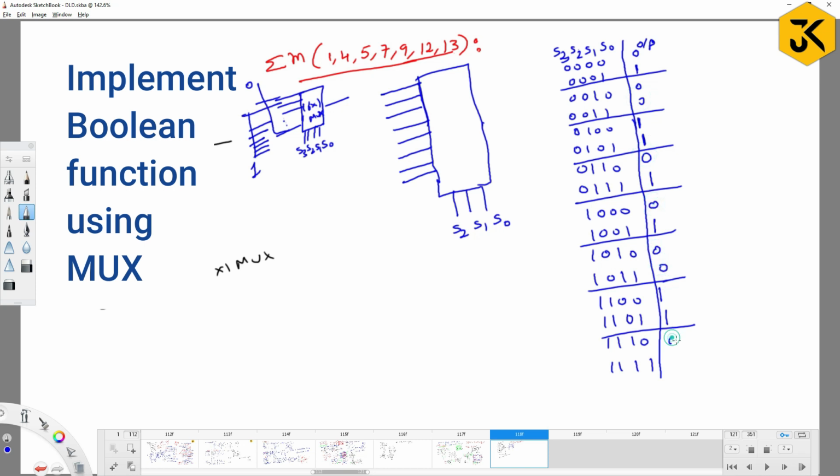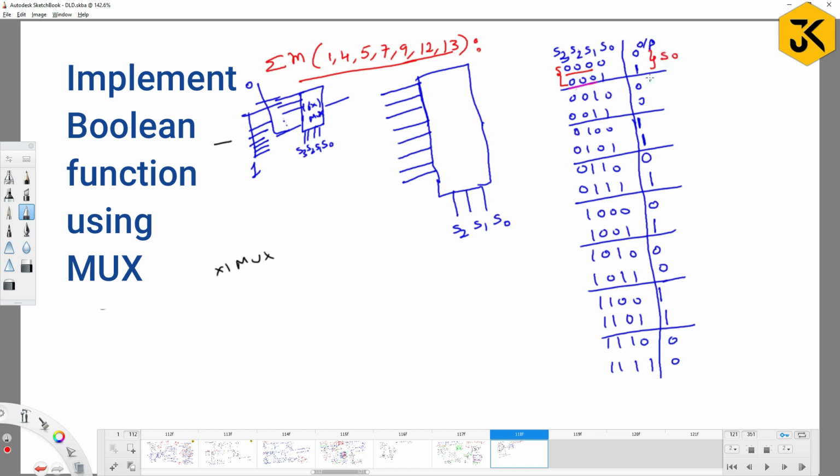They are given here as min terms, so you can do it like this. Now if you want to simplify this in terms of 3 variables, you can take out the S3 variable. When S3 is 0 and the inputs S3, S2, S1 are 0 0 0, the output will be S0.